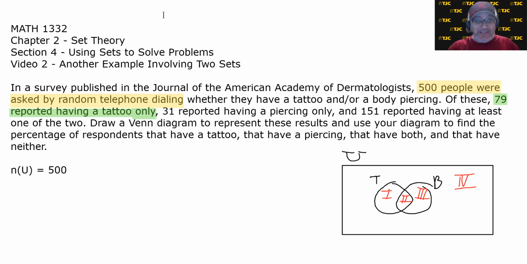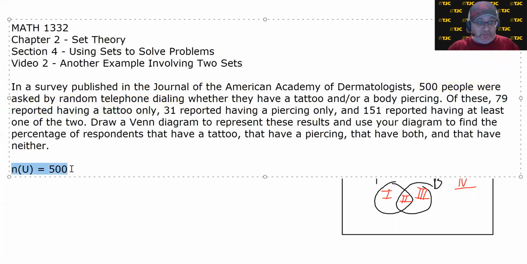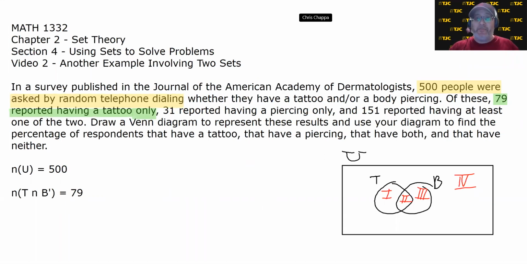Now, if you didn't notice that at the beginning, that's okay. But let's go ahead and write the set that we're being given the cardinality of. If they have a tattoo only, that means they have a tattoo, so T, and intersection, not a body piercing, meaning B complement. And we're told that that was equal to 79. So 79 said, I got a tattoo, but I don't have a body piercing.